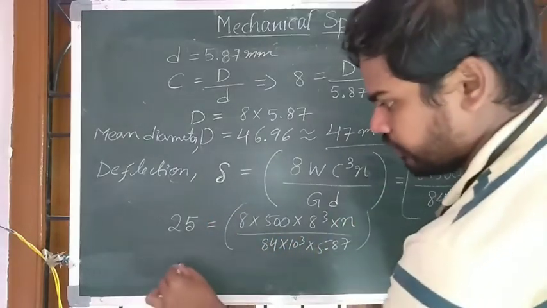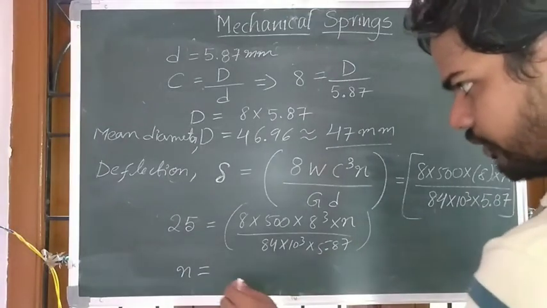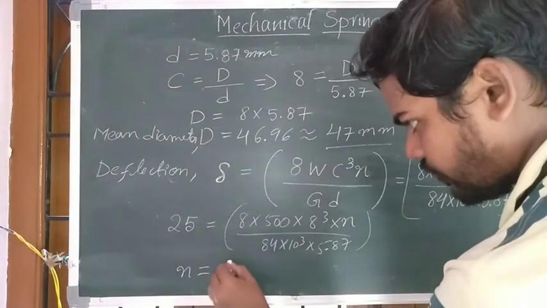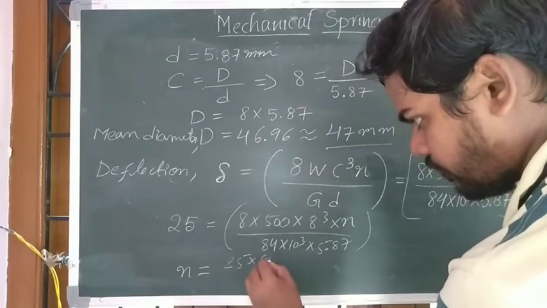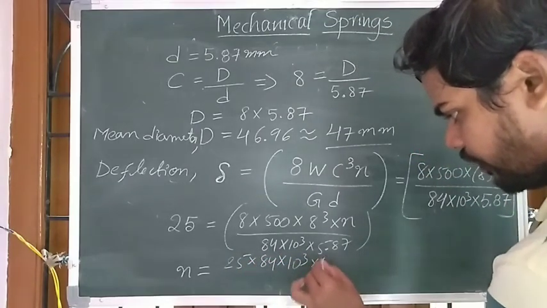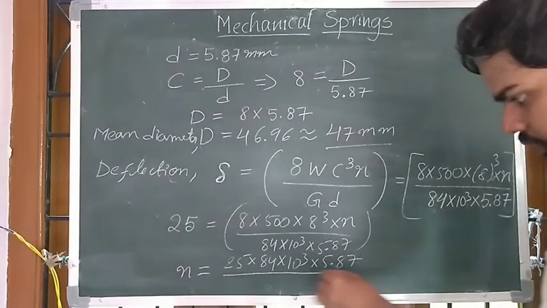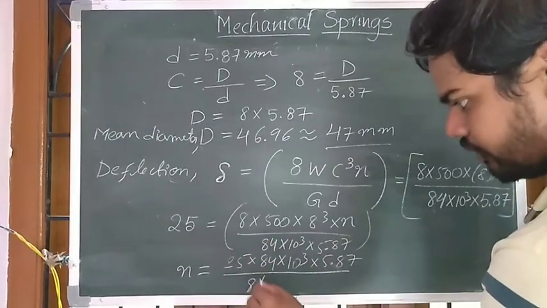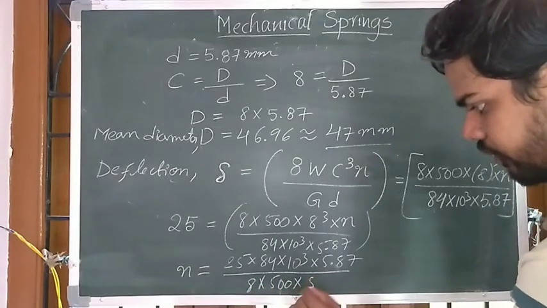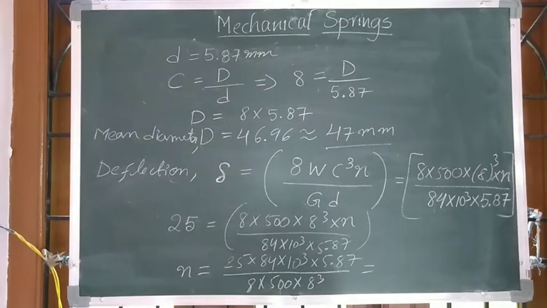Now n is equal to, since we need n, take it over. These terms will be in the denominator, 8 into 500 into 8 cube. Now calculate the values.